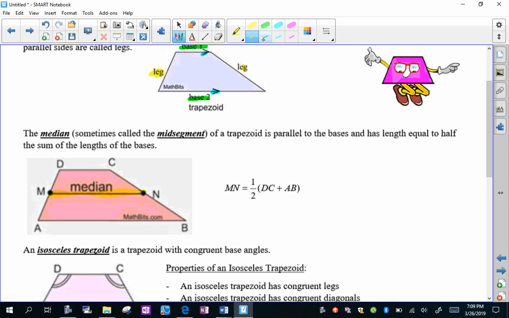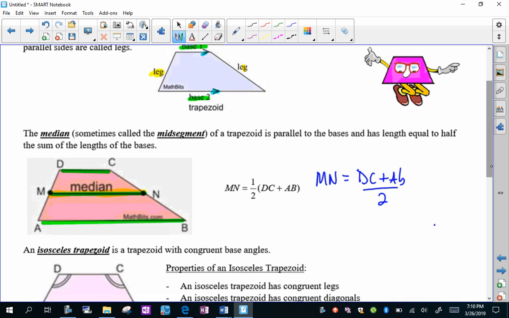MN is the median, and MN is equal to 1/2 of DC, because DC is a base, plus AB. Another way of writing that, if you like it, is MN equals DC plus AB divided by 2. You absolutely can use that.